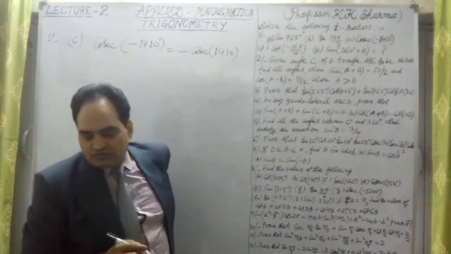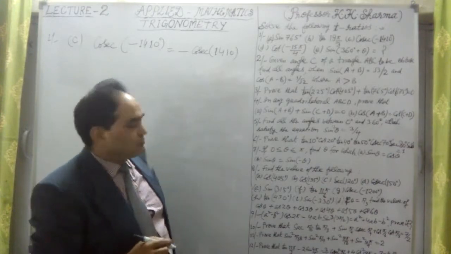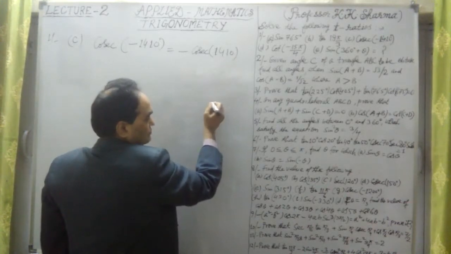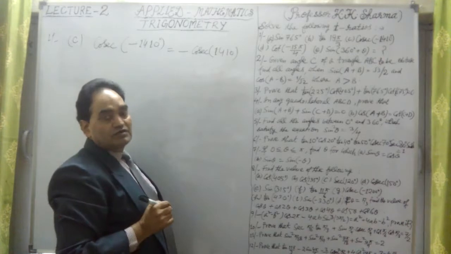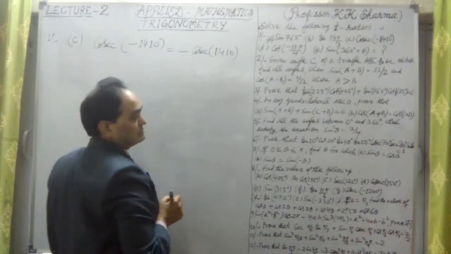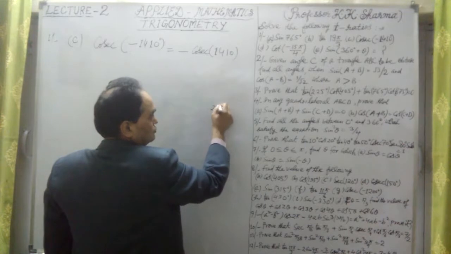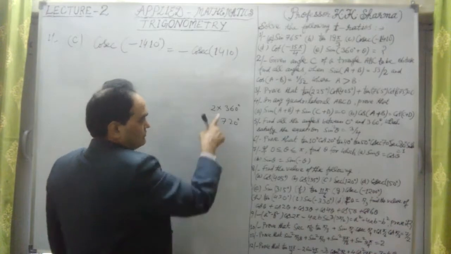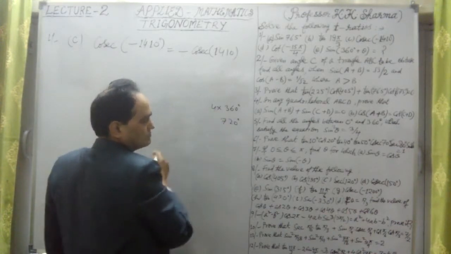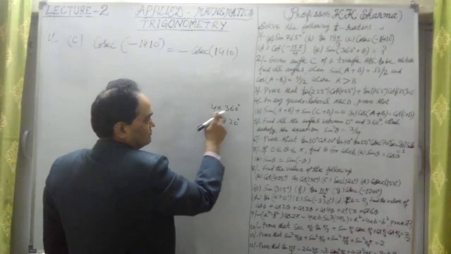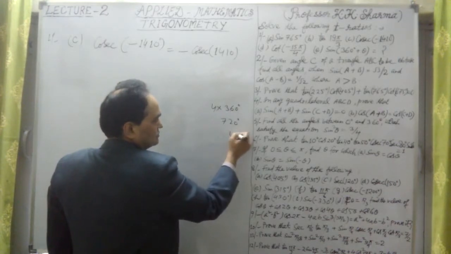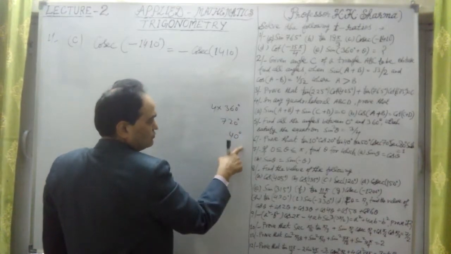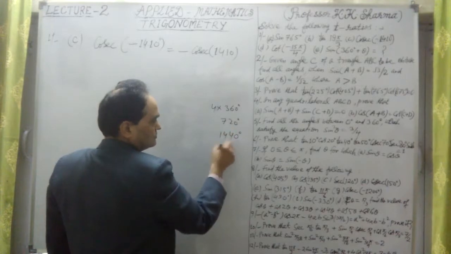Now 2 pi means 360 degrees. If I write 4 times 2 pi, it will be 1440 degrees, because 2 times 360 is 720 degrees, and 4 times 360 gives 1440.